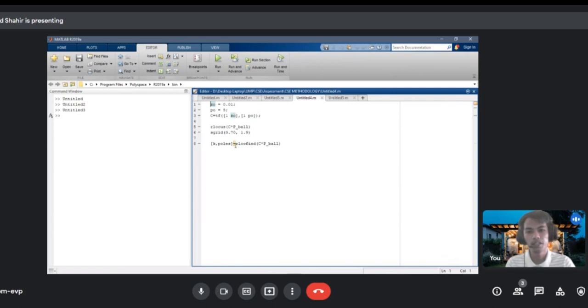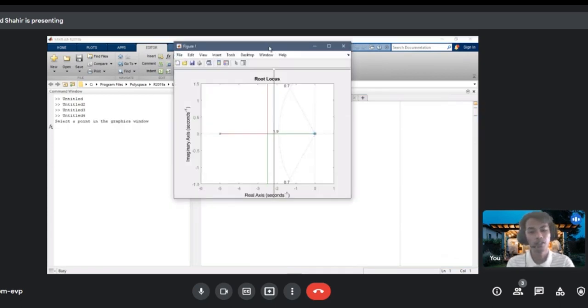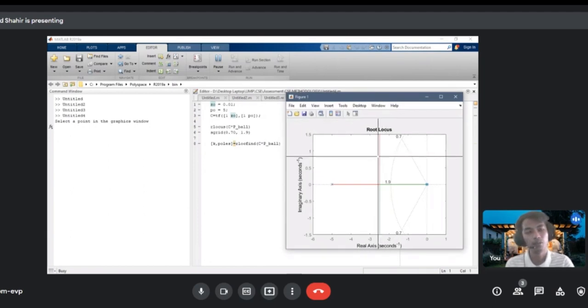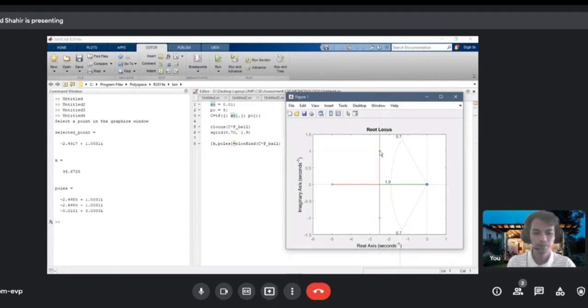Then go to the plot and select a point near those indicated by the cross mark on the plot below. Okay, now this is the root locus. After this, we can follow the output in the MATLAB command window.